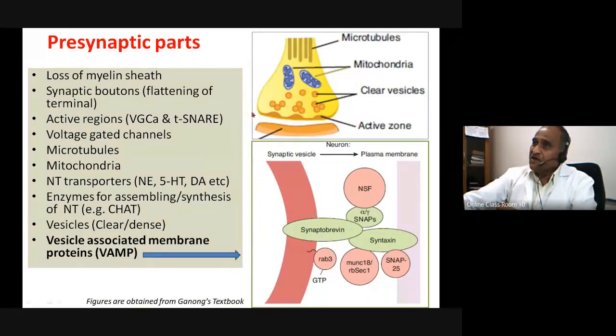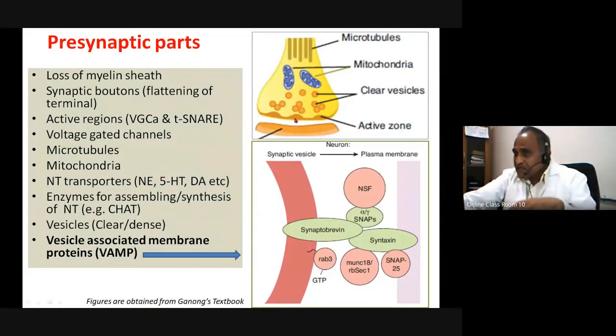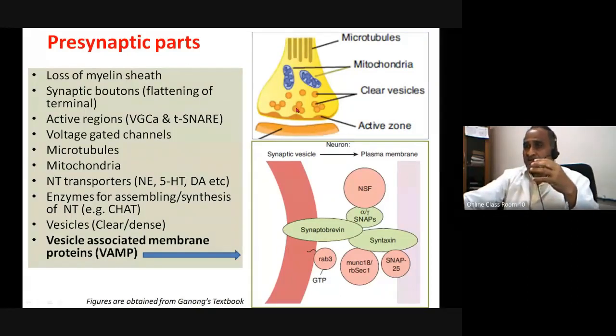This widening or flattening of the terminal is what are called synaptic buttons. Then in the synaptic buttons, where they make contact with the postsynaptic site, or have a vicinity of the postsynaptic site, there are what are called active zones. These active regions are nothing but the collection of voltage-gated calcium channels.